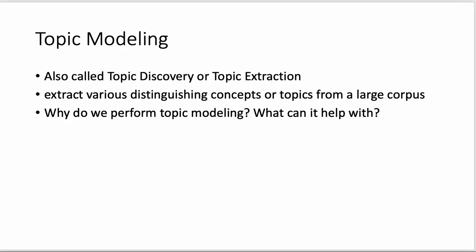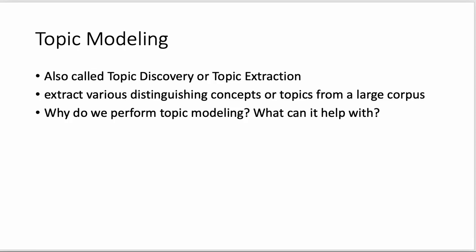These topics and concepts can be used to interpret the main theme of a text corpus, and then it can make semantic connections among words that happen to co-occur frequently in different documents. So topic modeling provides methods for automatically organizing, understanding, searching, and summarizing large electronic archives.